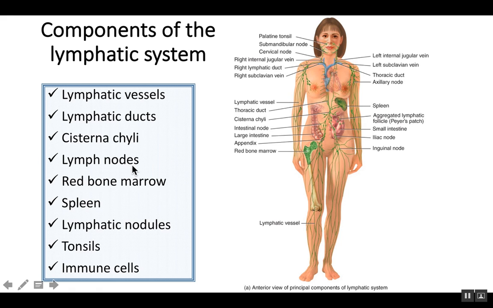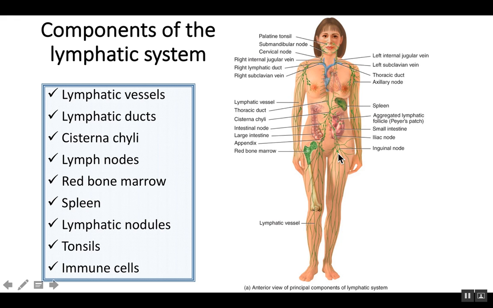Then you have the different locations of lymph nodes throughout the body. Some suggest there are 500 to 600 lymph nodes scattered throughout the body, and these are found in particular regions, so they're clustered in certain areas. You'll notice there's a lot of them in the groin region.